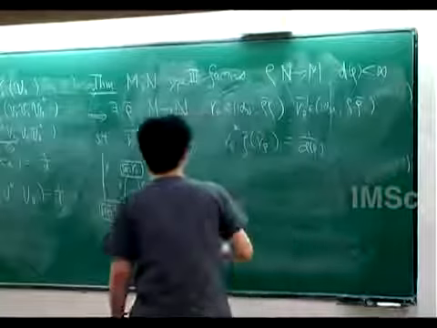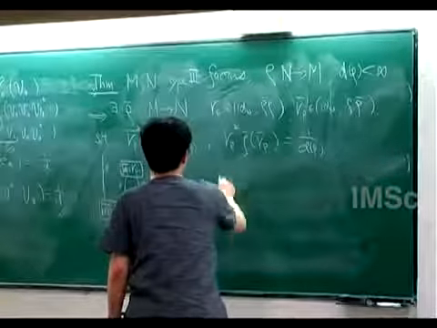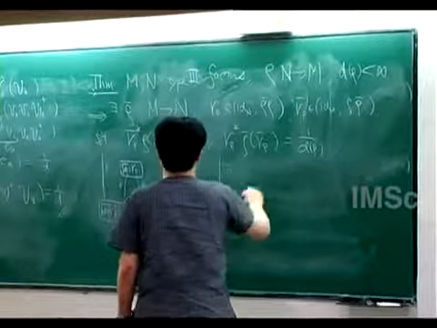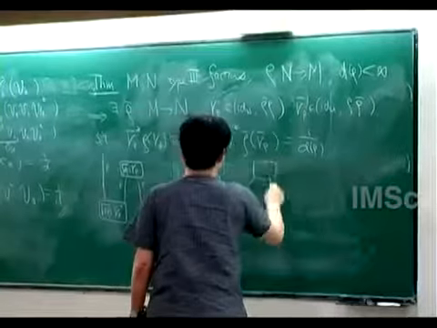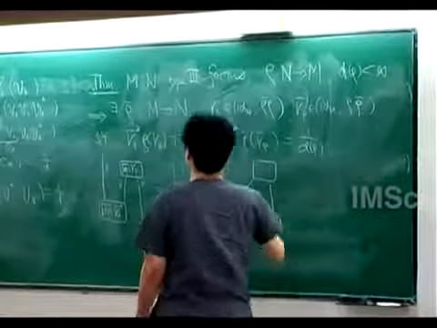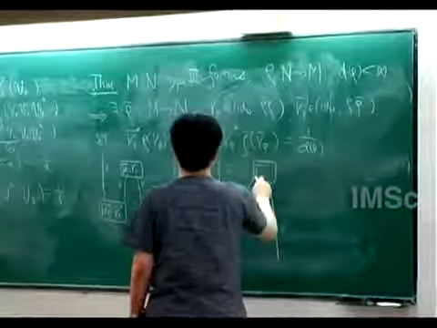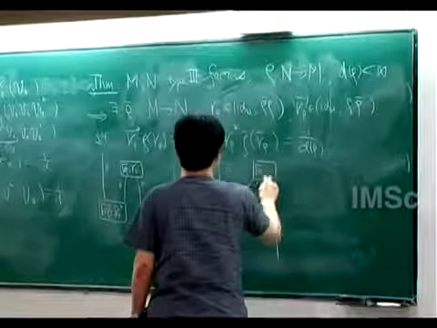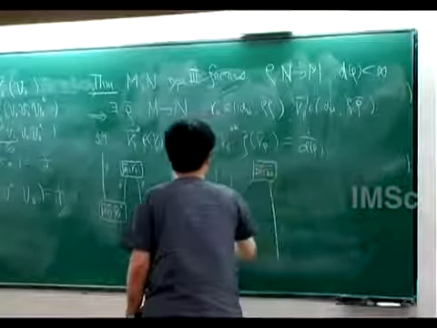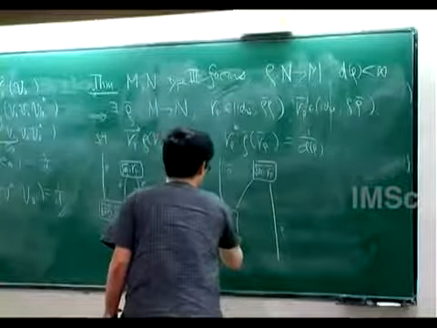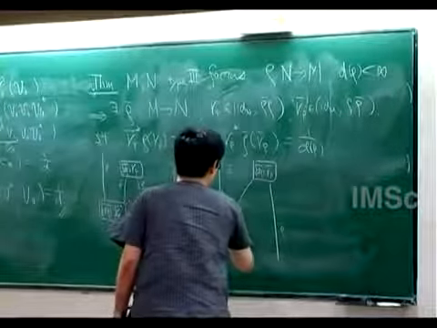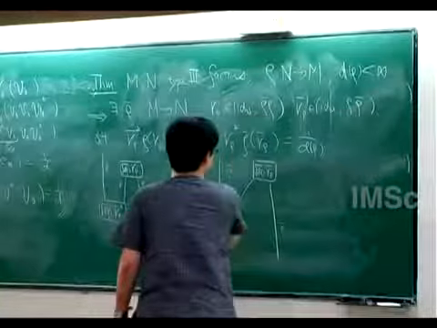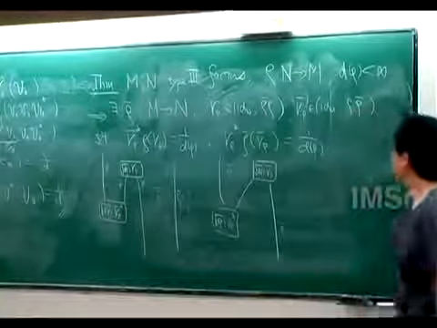And we also have this diagram: rho bar here, and square root of d rho, R rho star.